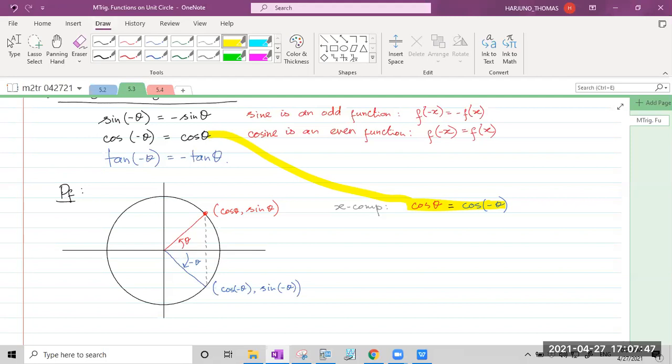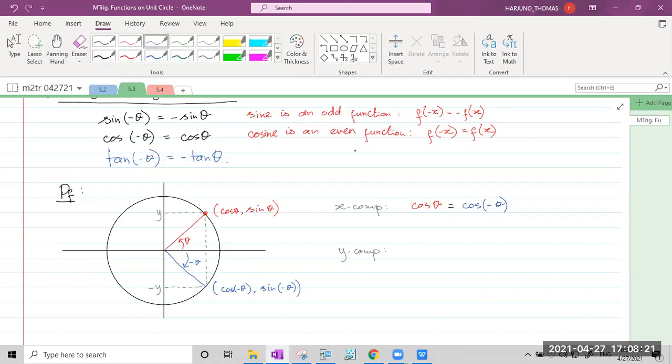Now, if you look at the y component, however, notice that the y here must be the opposite of the y here, right? If you go in the opposite direction from the positive x-axis, then the x will be the same, but the y will be opposite.